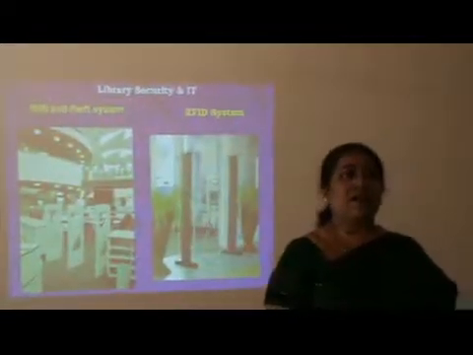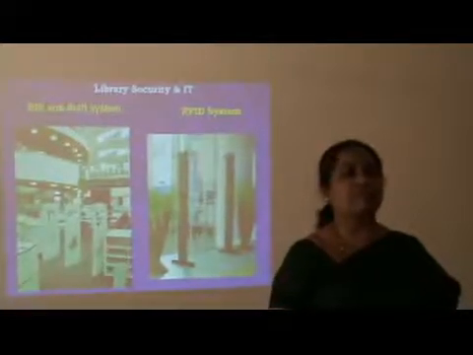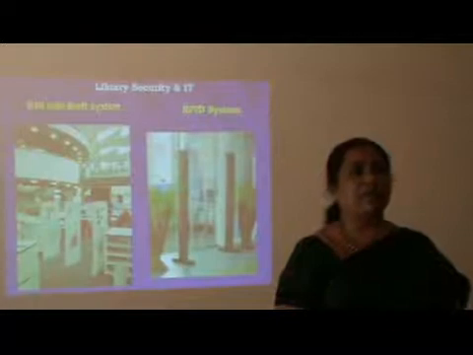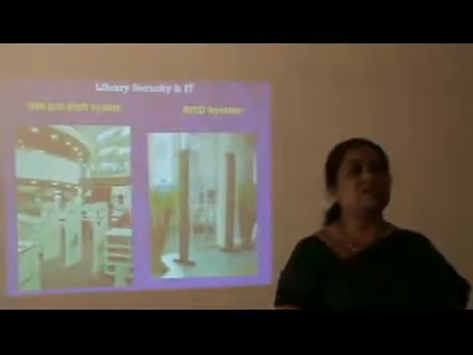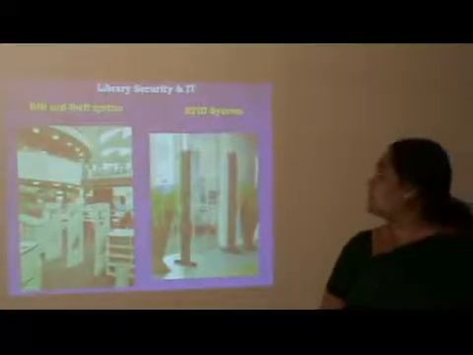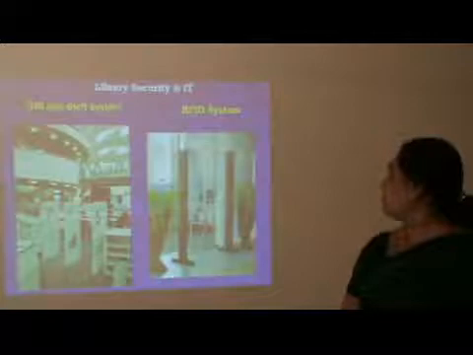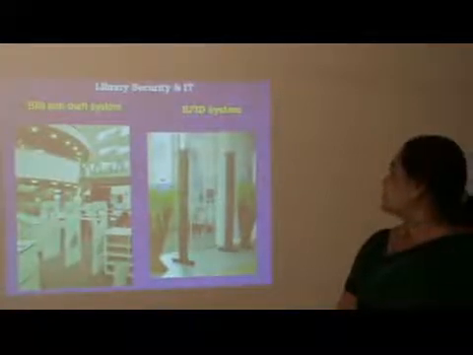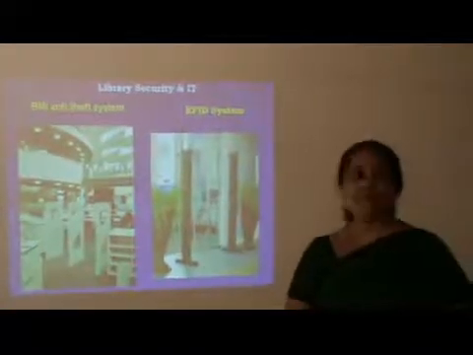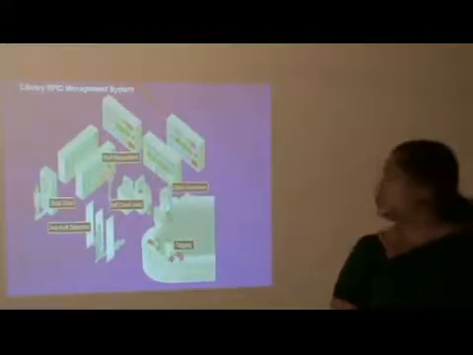Now when we say library security systems, of course there are some automated systems now available like 3M security. The slide shows here the picture of a BMI anti-theft system installed in one of the sophisticated libraries. Then these are the RFID systems available in the libraries now. This is the RFID management system.